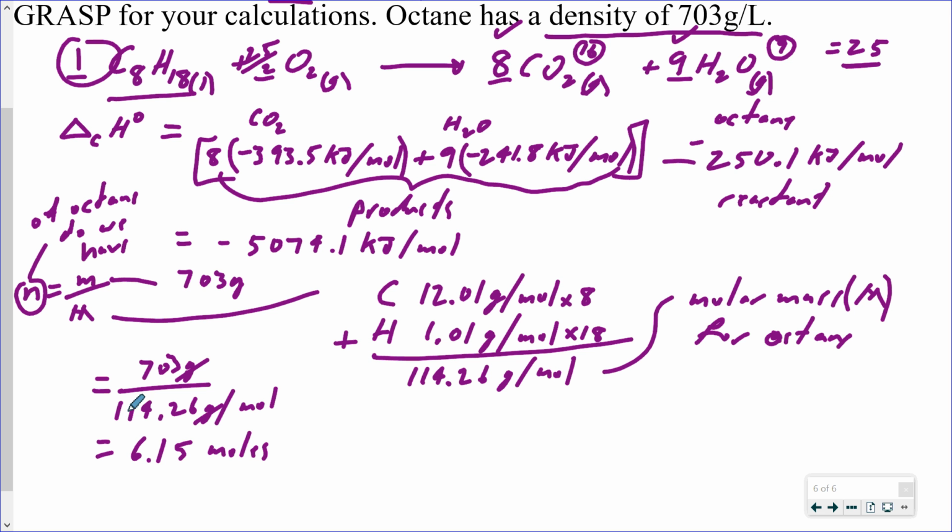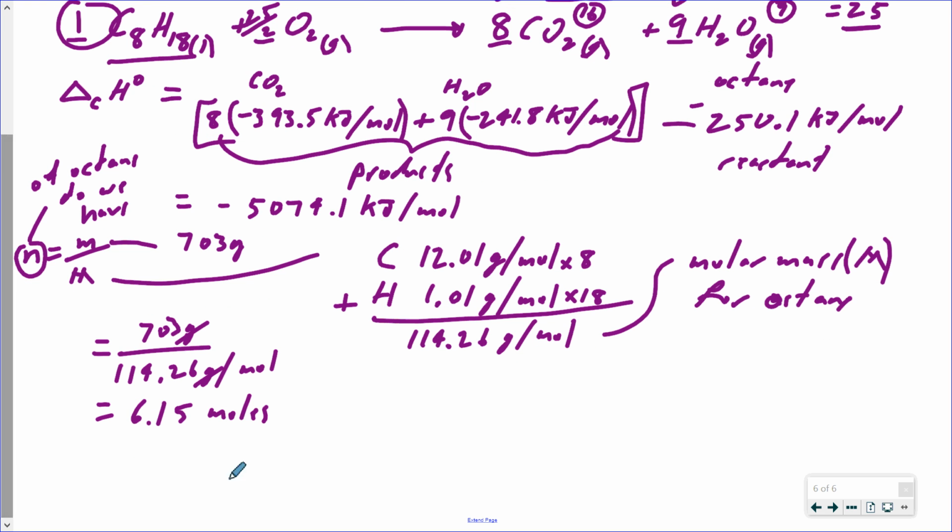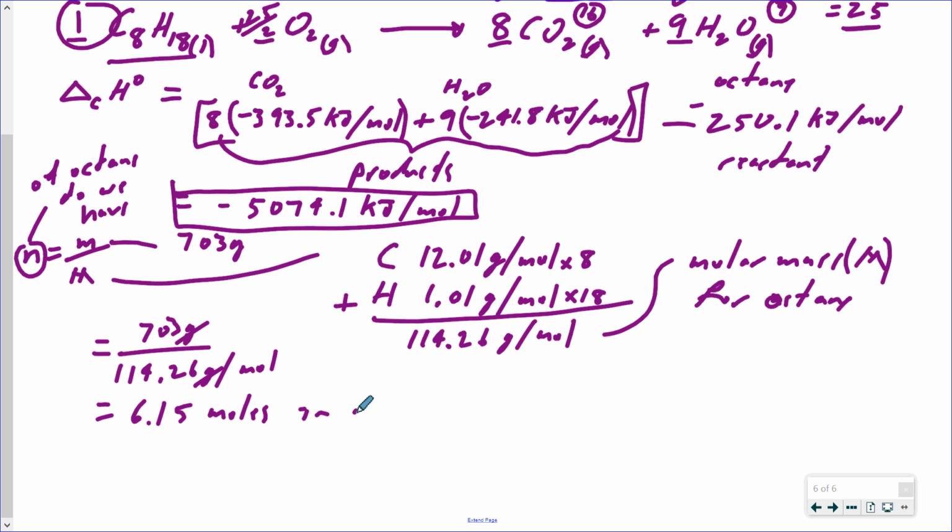So we've calculated the amount of energy in 1 mole. That's the number right here. And now we know how many moles we have. So we're just going to take the number of moles that we have in 1 liter and times it by the energy per mole.